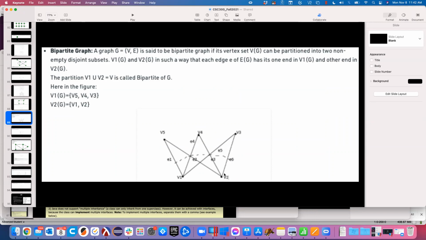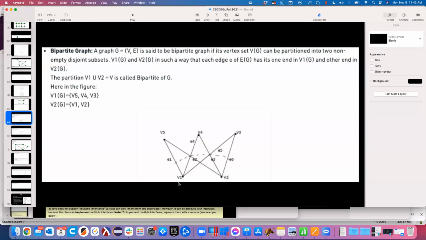V3 goes to V2. And if this is one of our vertex sets and this is the other vertex set, V3 goes to V2. So we have one of our vertices in each of the sets with an edge going between them, so on and so forth.